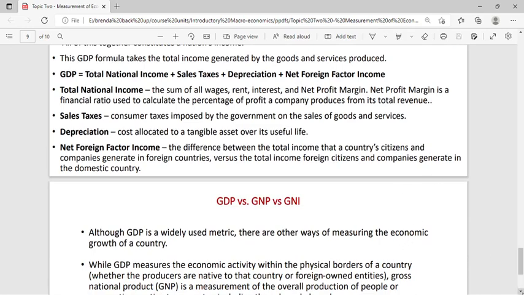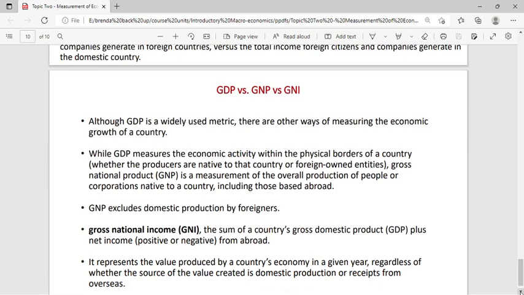So this gives an insight about the difference among the three. We have gross domestic product, we have gross national product, and gross national income. So I've discussed that gross domestic product measures the economic activity within physical borders of a country.